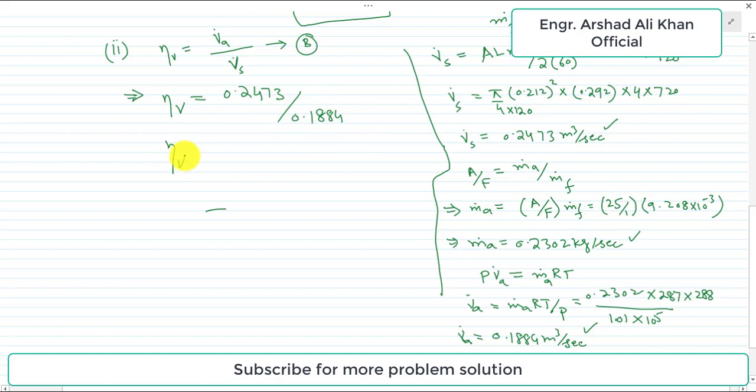So when we simplify this, we get 71.16%. So this is the required value of volumetric efficiency, and it was all about the problem solution of 13.6.